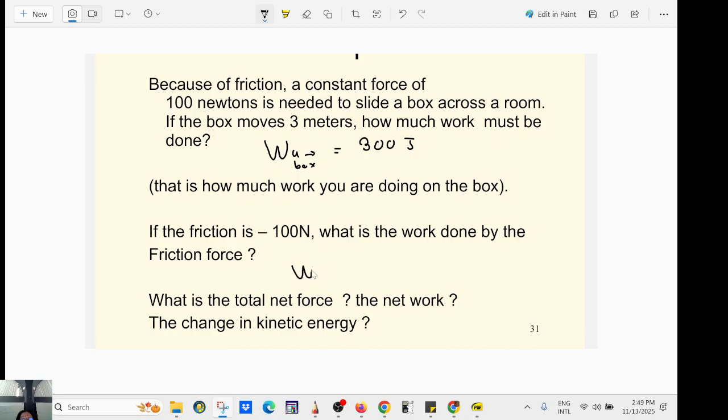But if now you have friction and the friction matches your applied force, that's going to be minus 300 joules, right? So what's going to be the net work? 0.